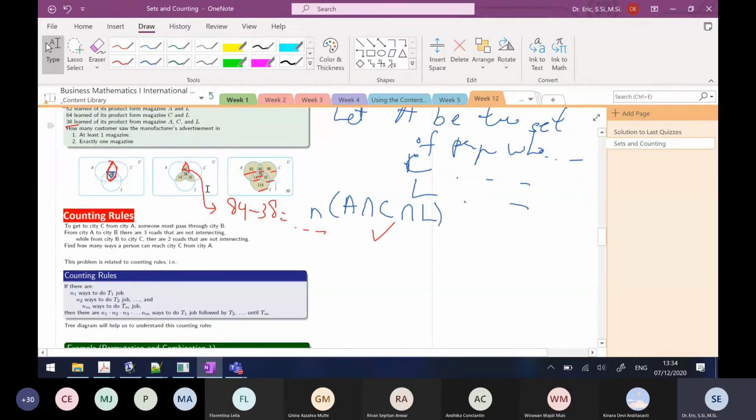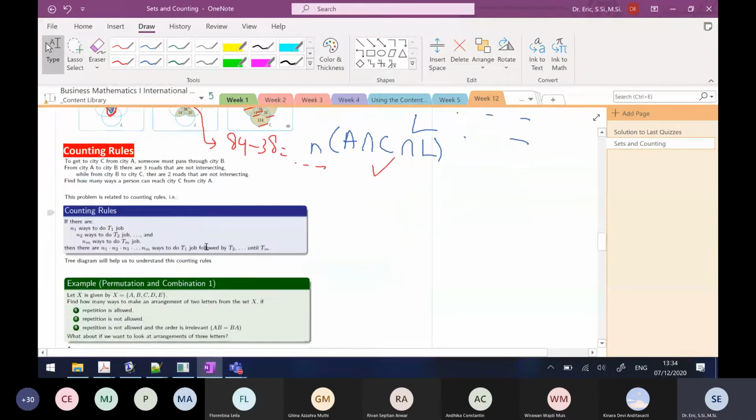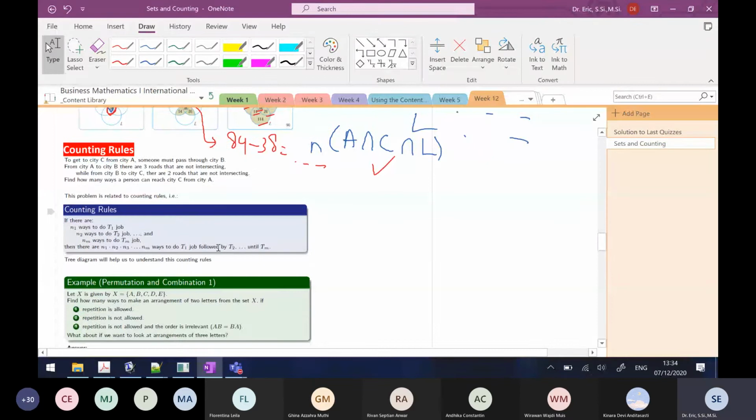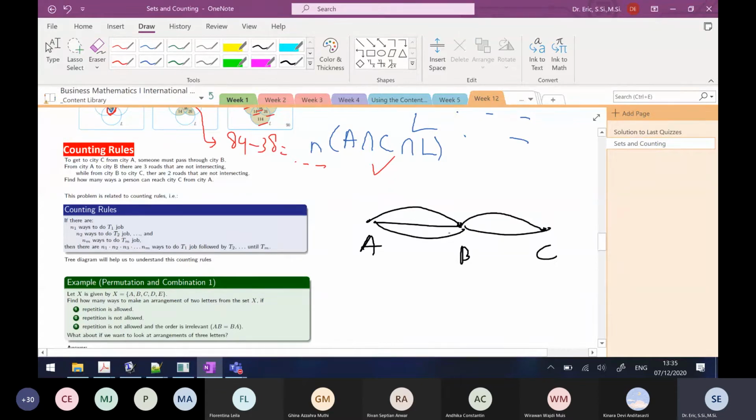So the last thing that we are going to talk about is counting rules. Okay, the problem is this. I have already told you in the video. So if I have A, B, C, there are 3 routes from this, and you have 2 routes here. So how many ways can I reach from A to C?